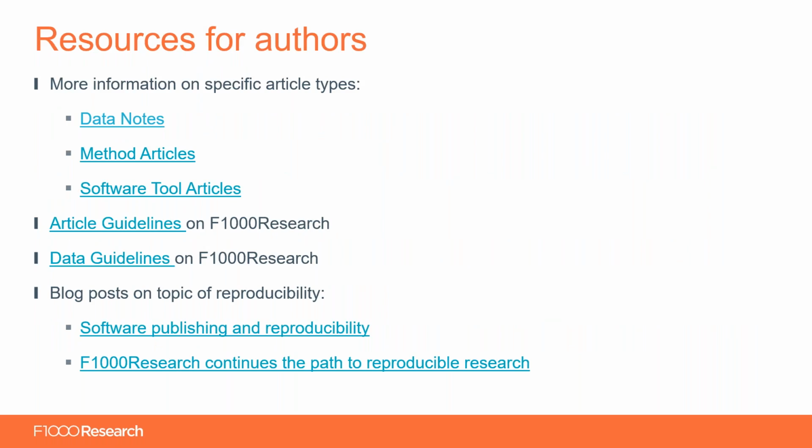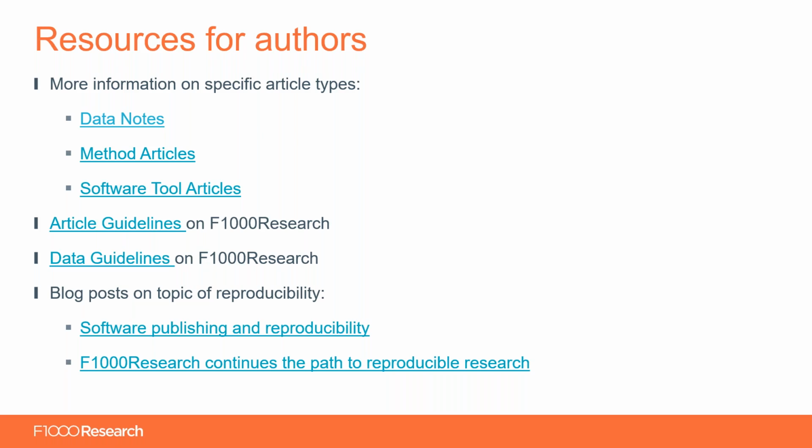Thanks, Tom. So just before we finish up and take some questions from everyone, I just wanted to point out our range of resources that we have available. So these are aimed at authors, peer reviewers, and readers, and they provide more detailed information on our article types, and you can also find more information in our really comprehensive article and data guidelines.